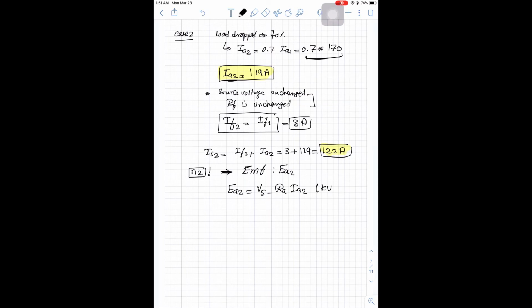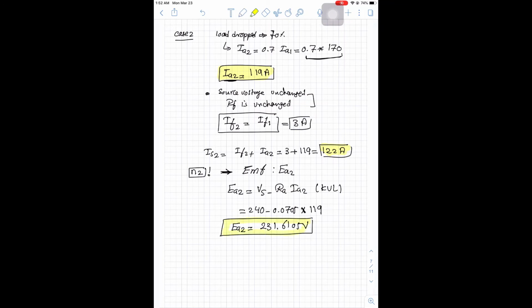It's only KVL. So V source is 240 minus RA, 0.0705, times IA2, 119. The only unknown in this equation is E armature 2. So E armature 2 is 231.6105 volt. This is our second EMF.